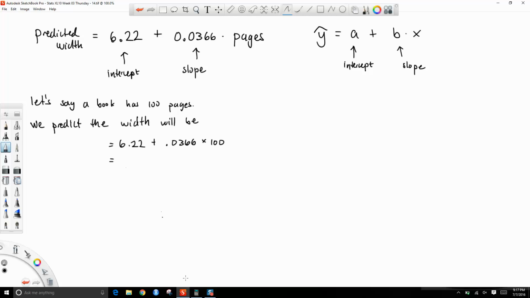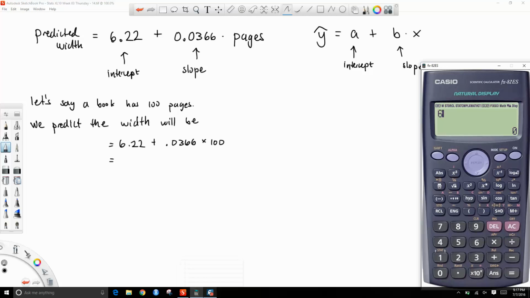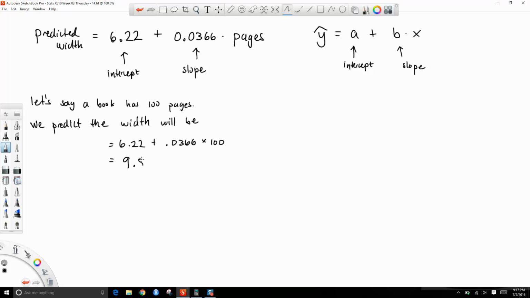So our predicted width is 9.88. Is that good with everybody?